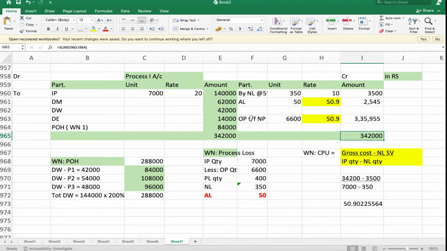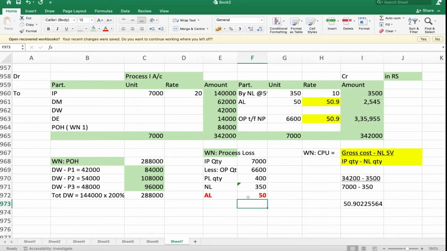Total comes to 2,545. Unit column as well as amount column, you have to find the total. After applying cost per unit, the total has to tally. Then only your process account is correct. Tallied or not?